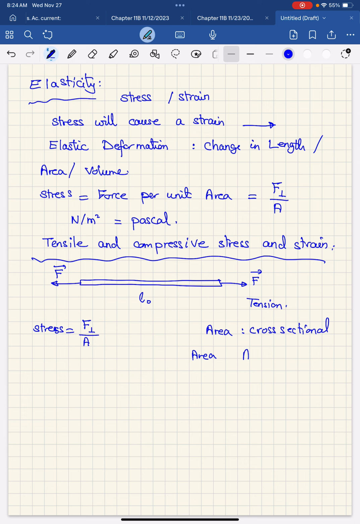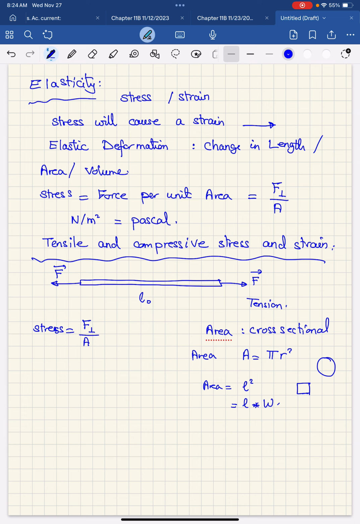If this is a rod, then the cross-sectional area is a circle like this. If it is a rectangle or a square, the area is going to be L squared or L times width.